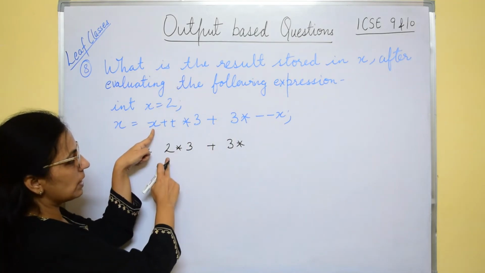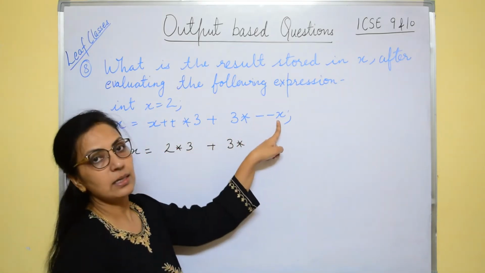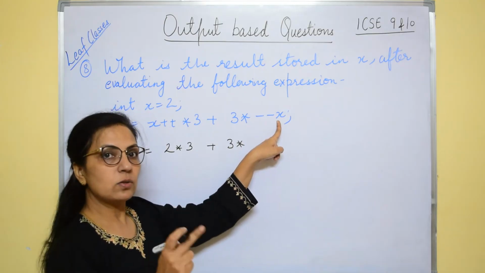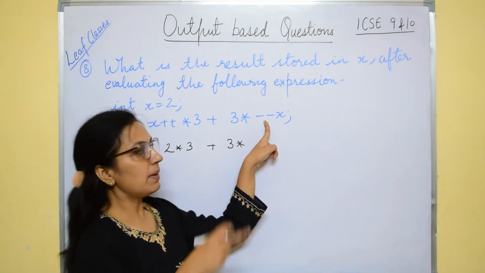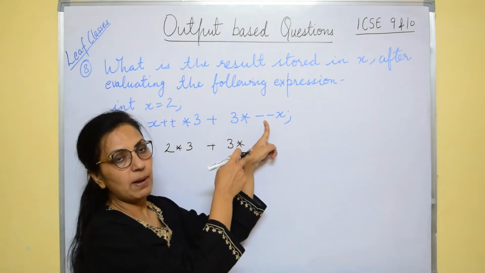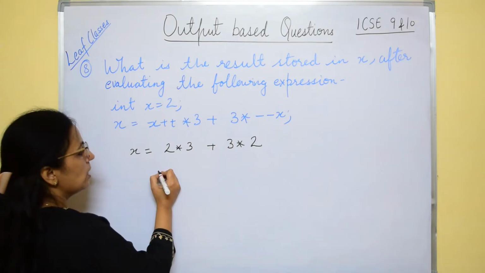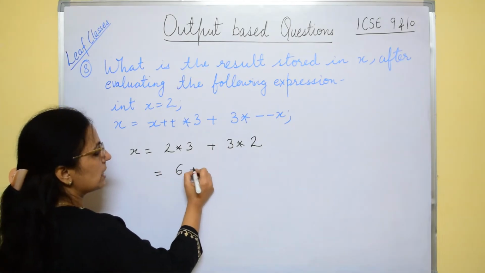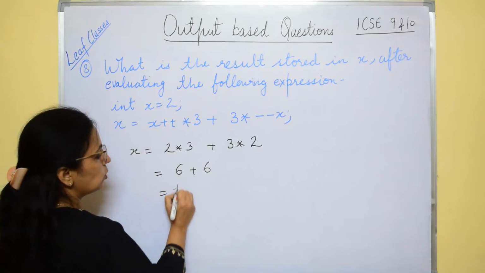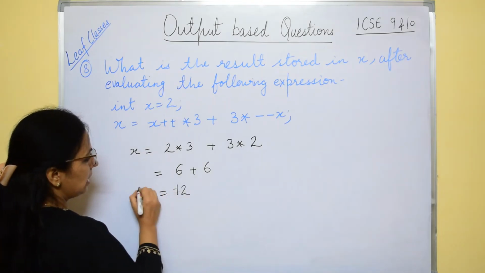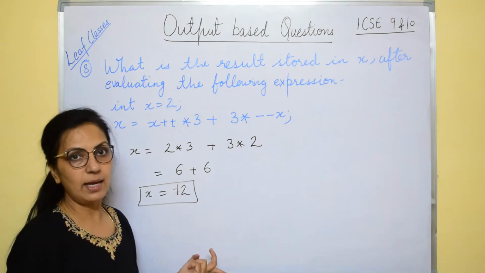After using 2, it will become 3, and then here it is pre-decrement. So first it will be changed. First the value will be decremented, 3 will be decremented by 1 and it will become 2, and then it will be used. So this is equal to 6 plus 6, this is equal to 12. So x is equal to 12. This is how you will solve the given expression.